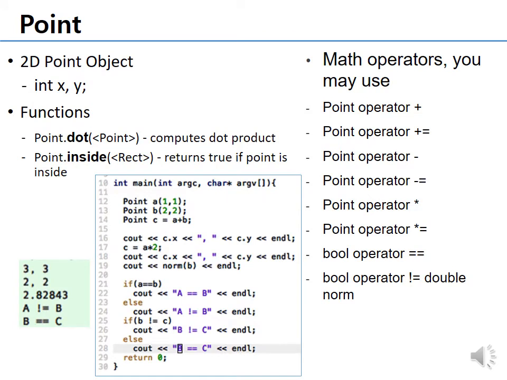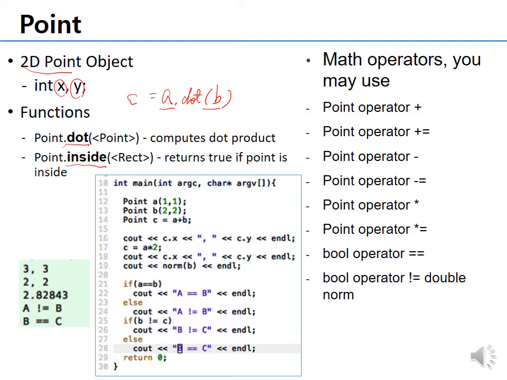First, there is the Point class. It contains the x and y coordinates of a 2D point. In this class, there are some functions. One is dot: if we have a.dot(b), we calculate the dot product between points a and b.